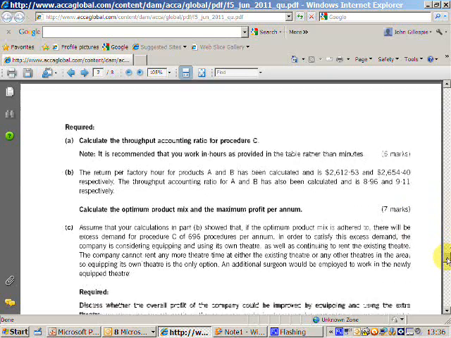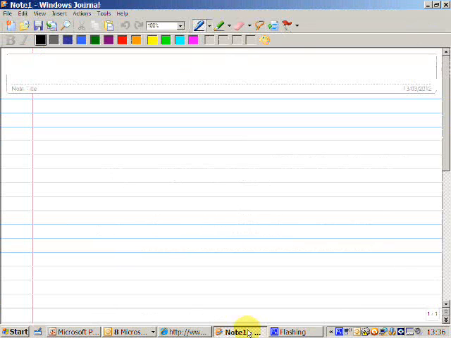So first thing, calculate the throughput accounting ratio for C. So what is the throughput accounting ratio? This is a formula that you'll need to know.